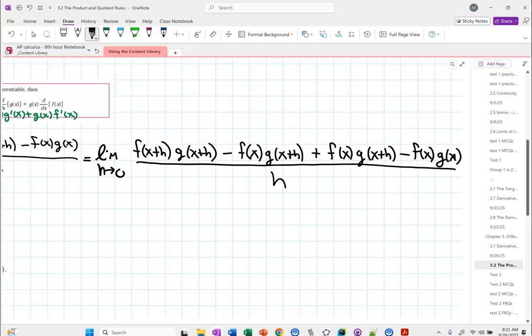And actually, let me do this right now. And I'm just going to think about this now as two fractions with a common denominator. So notice that I subtracted f of x times g of x plus h, and then added it right back. Right? It's equivalent to doing nothing at all. You guys see it?